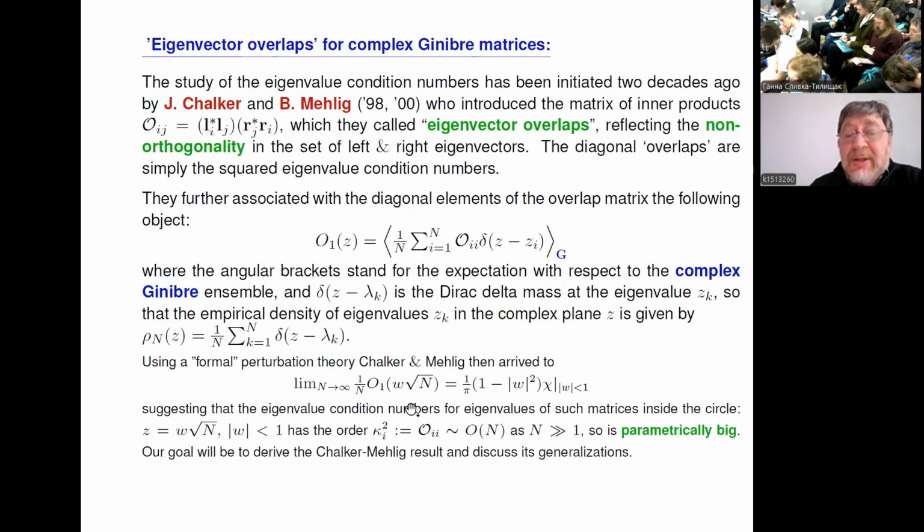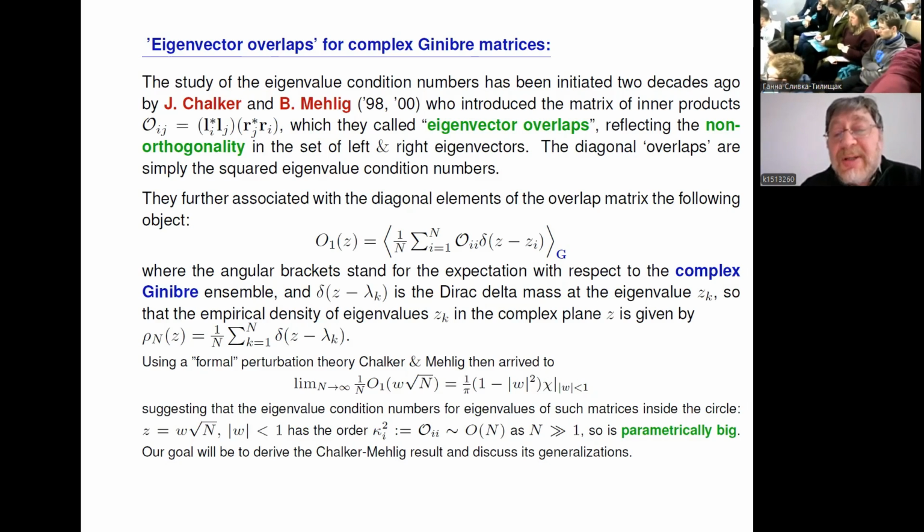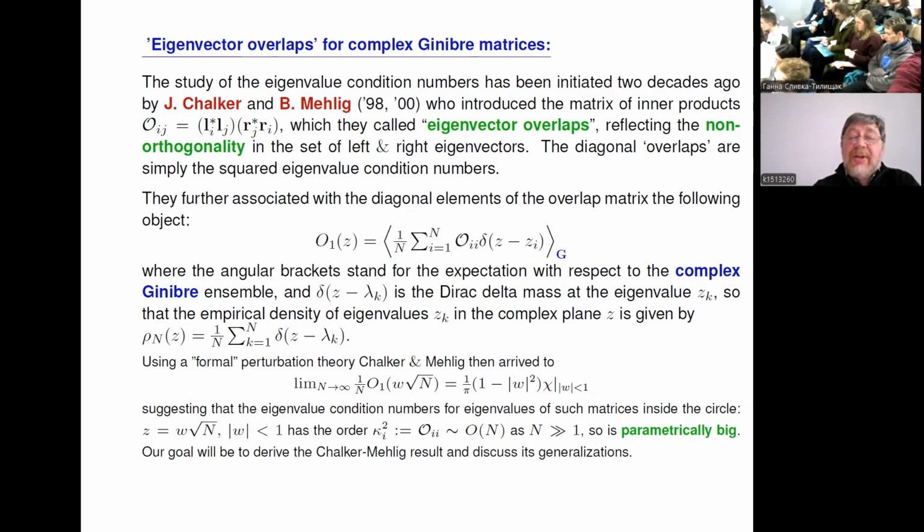It means that this limit has a non-zero value only for eigenvalues inside this circle of radius square root of n.